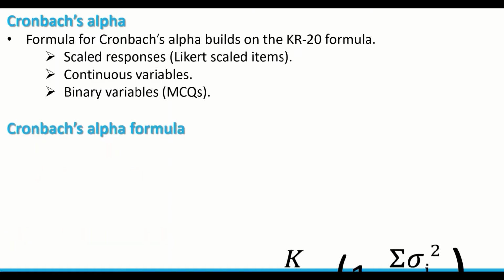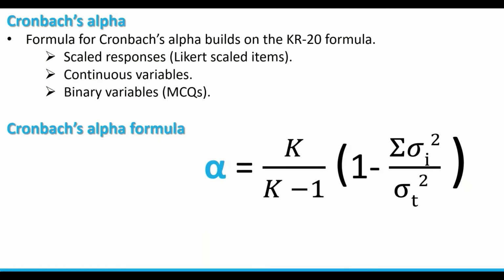The formula for Cronbach's alpha, as given here, is equal to k divided by k minus 1, multiplied by the bracket 1 minus the sum of the variance for the items in the upper part, divided by the variance for the total score in the lower part.